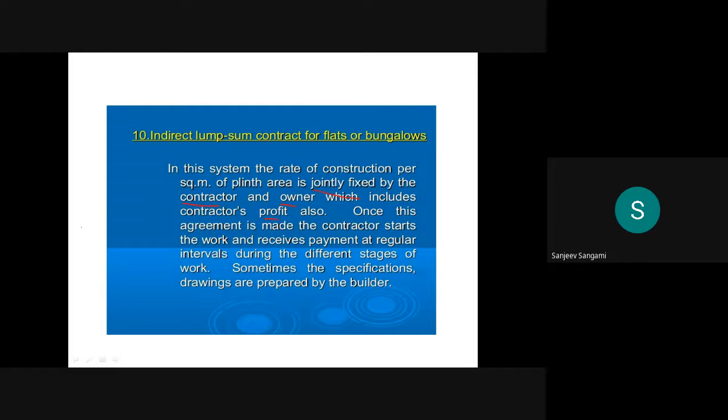Once this agreement is made, the contractor starts the work and receives the payment at regular intervals during the different stages of the work.